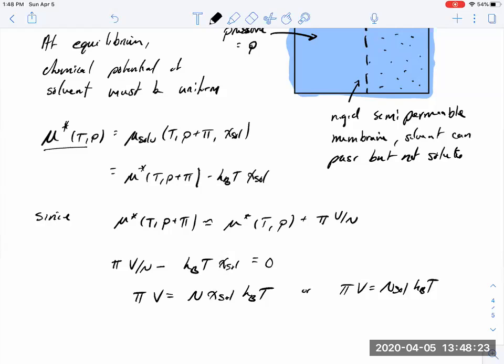V is the volume, N is the number of solute particles, times kBT. What we've just found is that pi V is equal to N kBT. Just exactly the form of the ideal gas law, now valid for dilute solutions and the osmotic pressures that they generate.